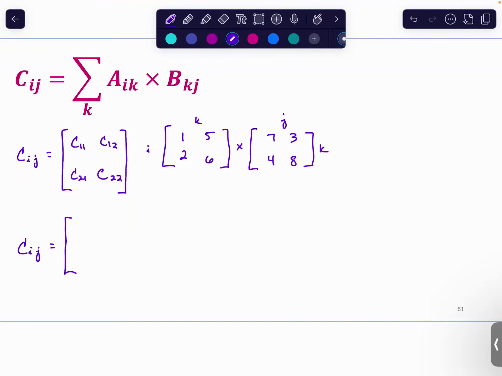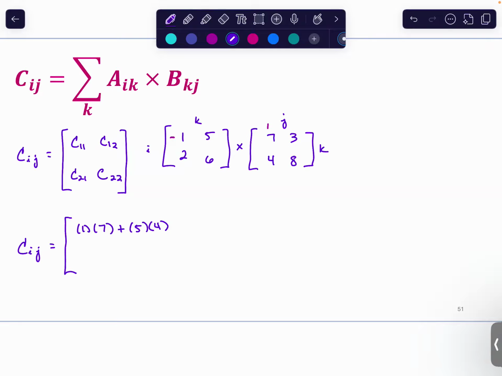At the row 1, column 1 position, I'm going to have 1 times 7 plus 5 times 4. So I just multiplied and added the elements for row 1, column 1.